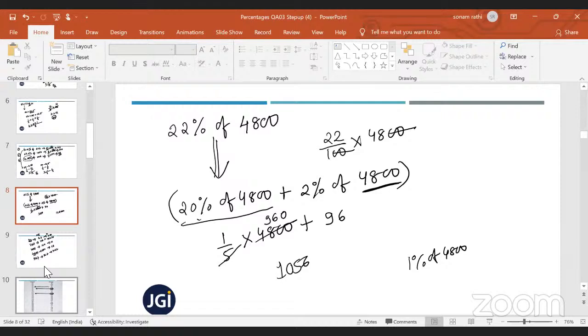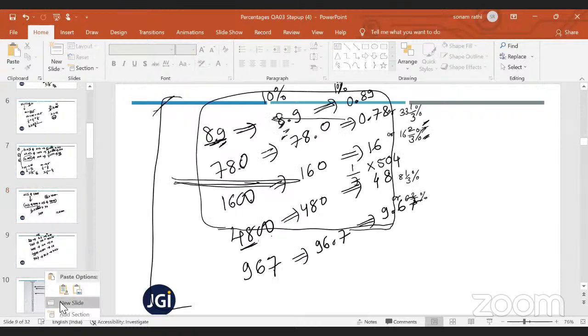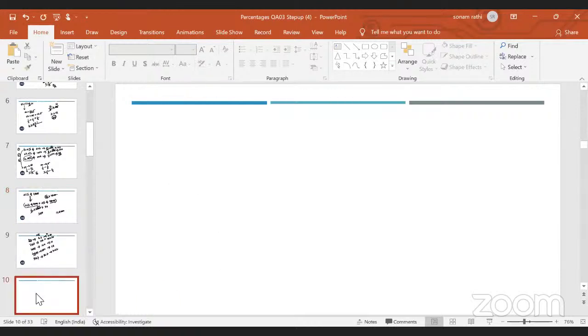Let me do one more. Okay, we'll do one more example here. If I ask you 27.5% of 2400, first of all, I will break down the question.